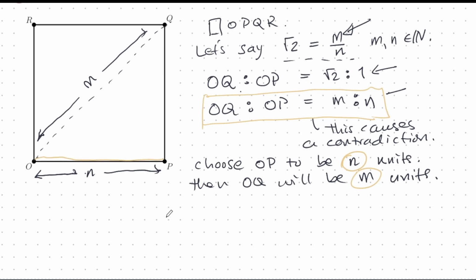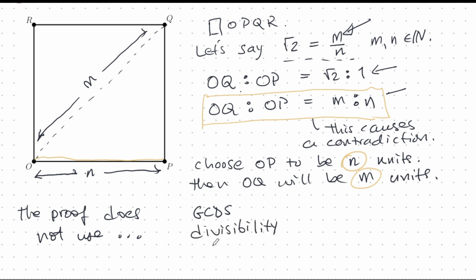Now, this is a very interesting proof that's coming up because of many reasons. The proof does not use the usual ideas that we see in proofs about square root 2. So we won't be talking about GCDs, greatest common divisors. We won't be talking about divisibility. We won't be talking about even or odd numbers.